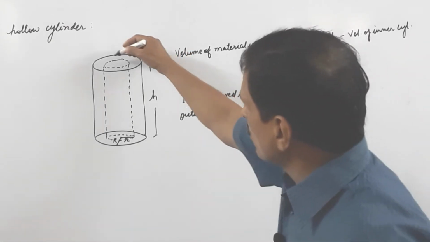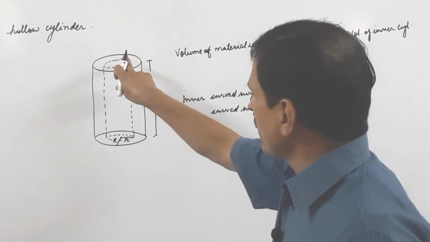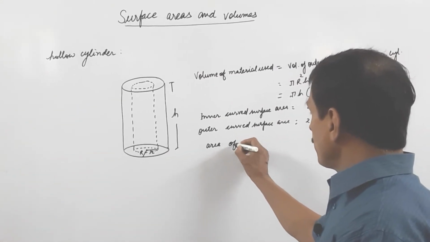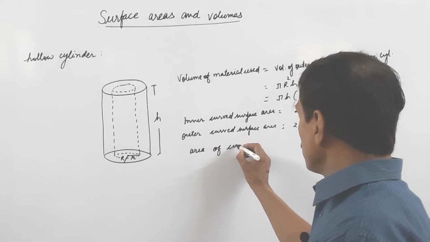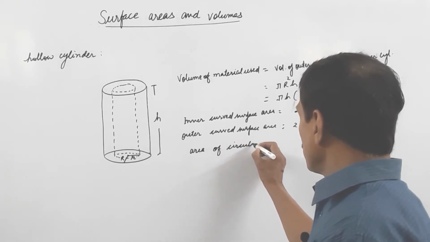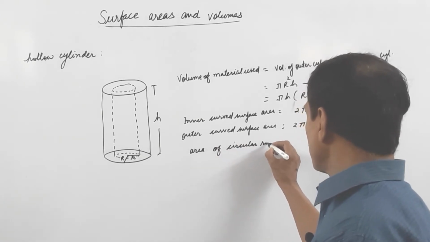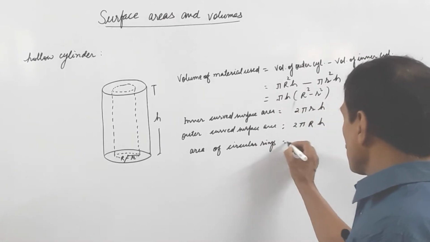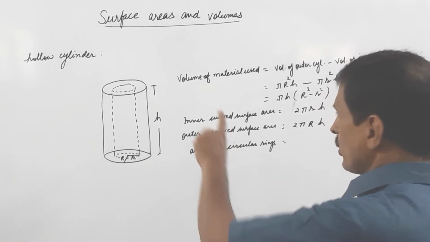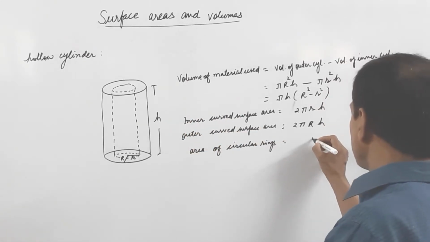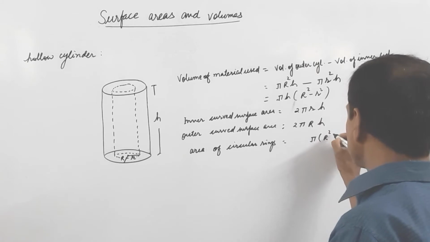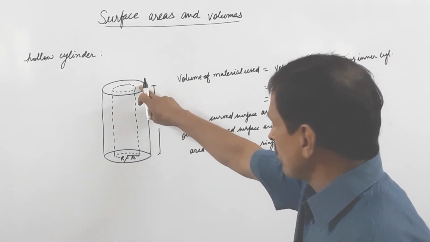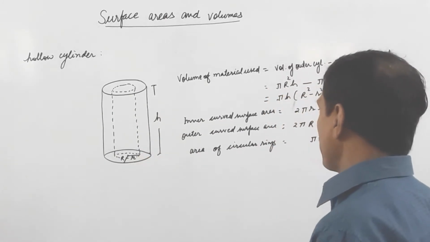Then area of the two rings, this is one ring and there are two such rings. Area of circular rings is equal to, we know area of one ring is equal to pi R square minus r square. There are two such rings, one ring is the top and one ring is at the base.